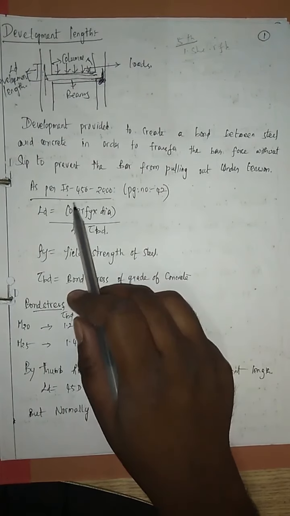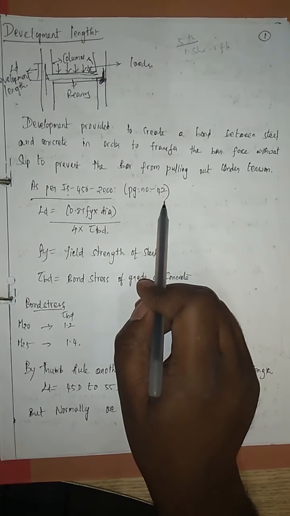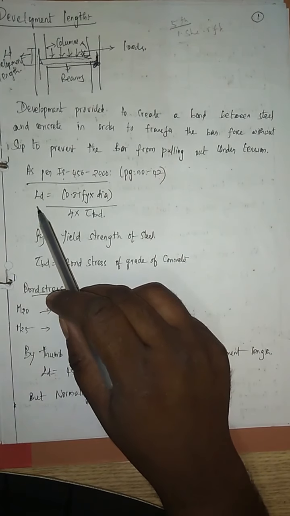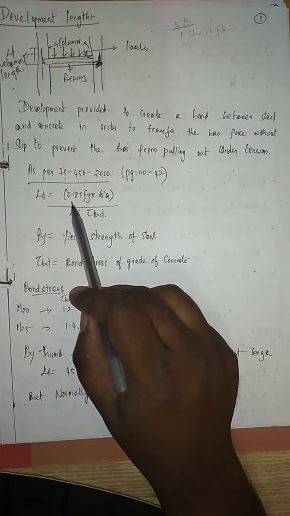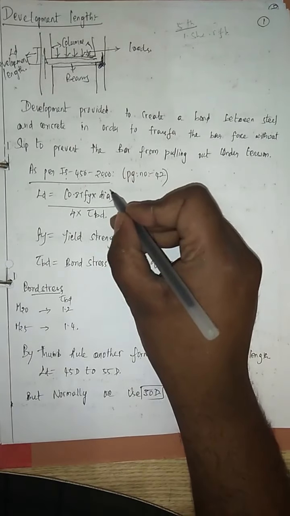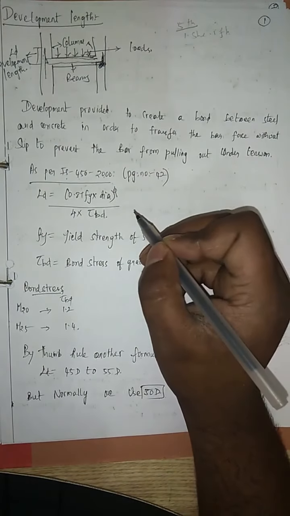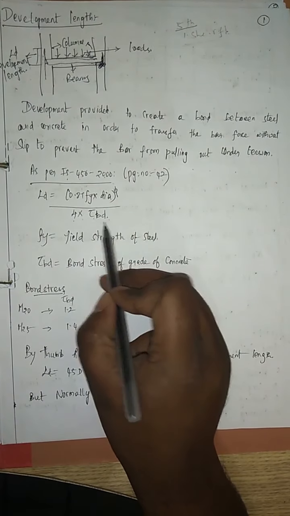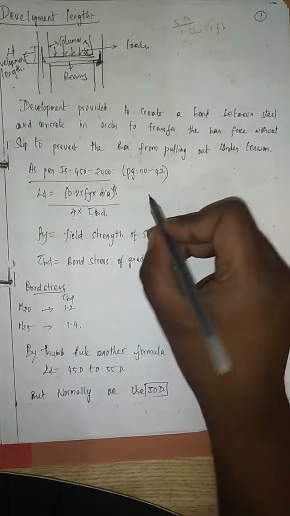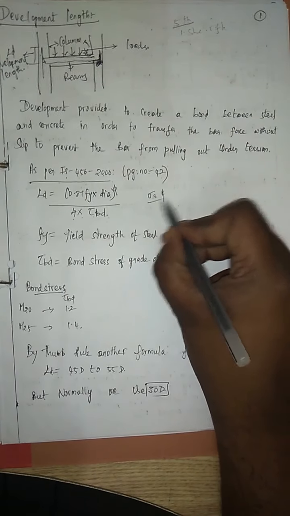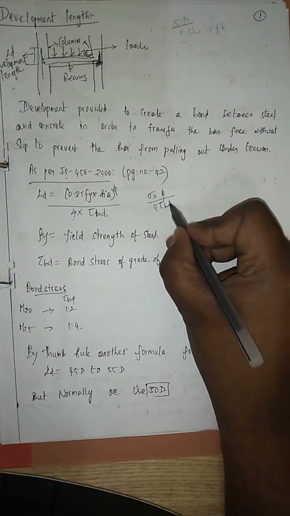In IS 456-2000, page number 42, there is a formula. Ld is equal to 0.87 Fy into diameter. The diameter is denoted as phi, divided by 4 into tau BD. In the code book it is written as sigma s phi by 4 tau BD.